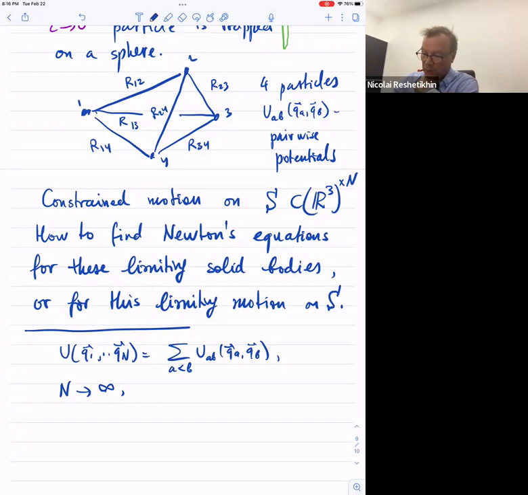You see, as n goes to infinity, the philosophy of Newtonian mechanics is becoming sort of questionable. Questionable in which sense? If you ask a philosopher, what did Newton teach us?